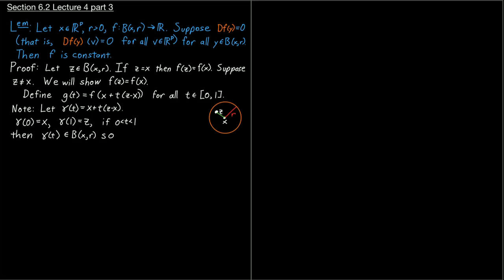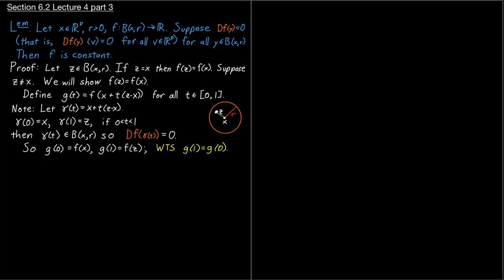So we have that. It's differentiable, and df of the point gamma of t is 0. That is, it's the linear operator that just spits out 0 no matter what your input is. So we have that g of 0 is f of x, g of 1 is f of z, and that means that our goal, what we want to show, is that g of 1 is equal to g of 0. That's where we're going with this.